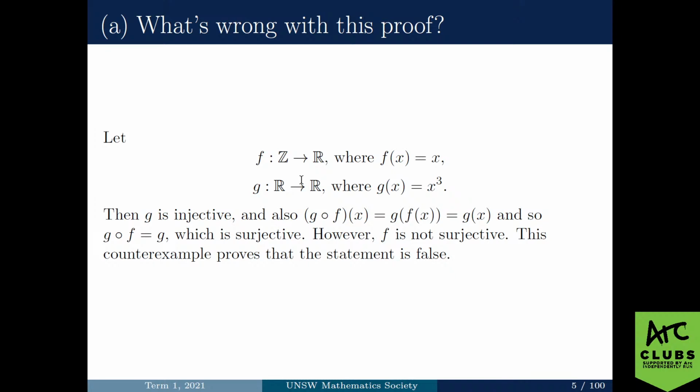However, f is not surjective, and so this counterexample proves that the statement is false. So apparently there's something wrong with this, and the way we're going to find the incorrect part is going through step by step. So the first part's fine, it's just defining some functions.